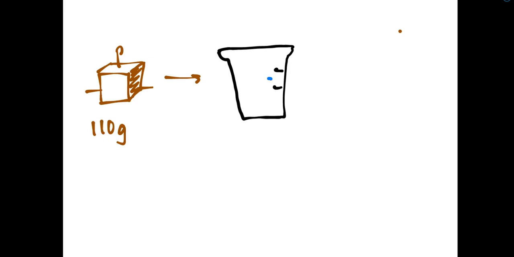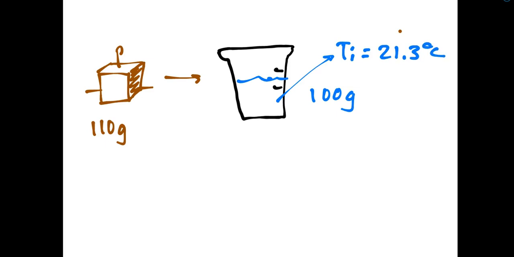Okay, put the water in there. We will say that again, this time we have 100 grams of water. Okay, and then the initial temperature of the water is 21 degrees, 21.3. And we put the metal in there, and the metal started out as Ti.